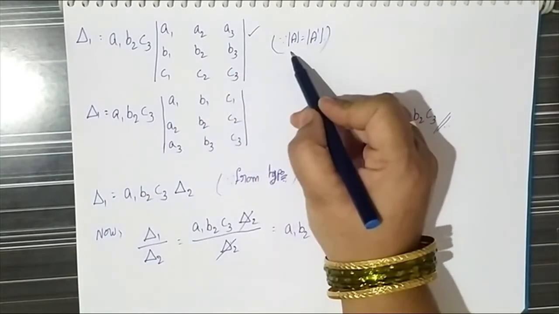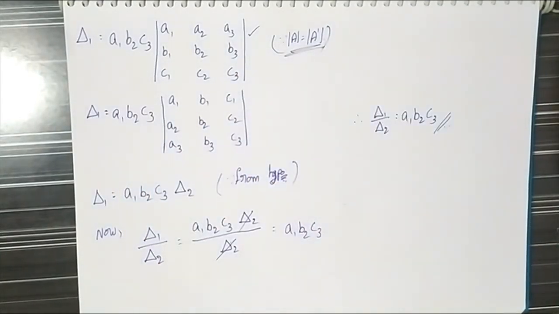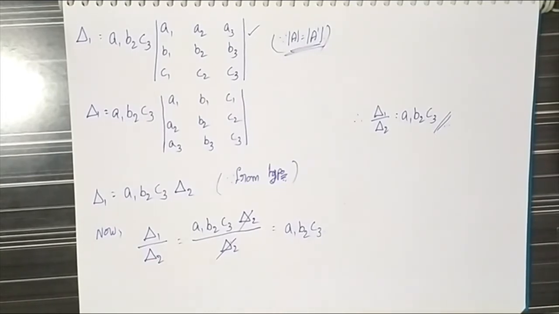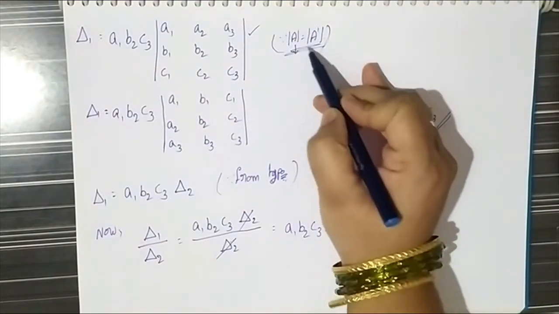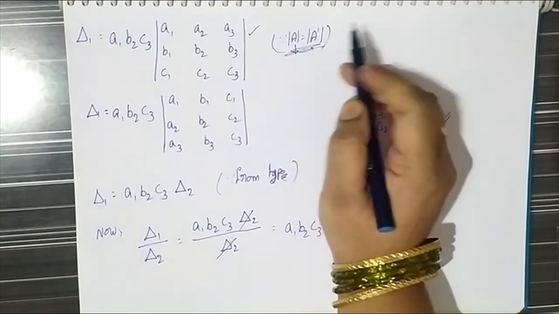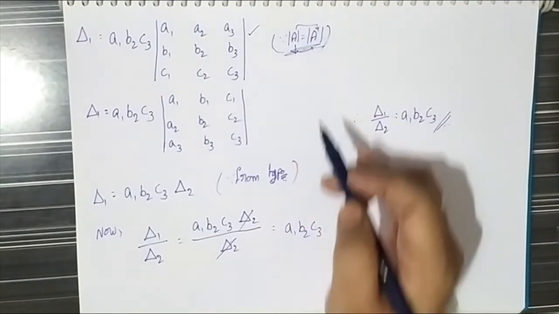Here we apply one of the properties of a determinant: the determinant of a matrix is equal to the determinant of that same matrix transpose.